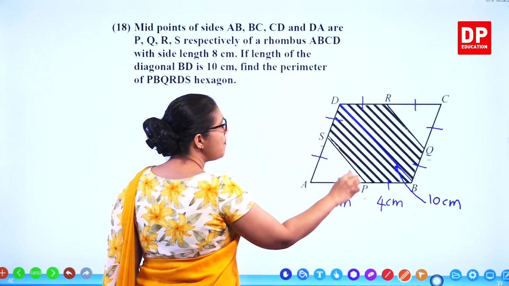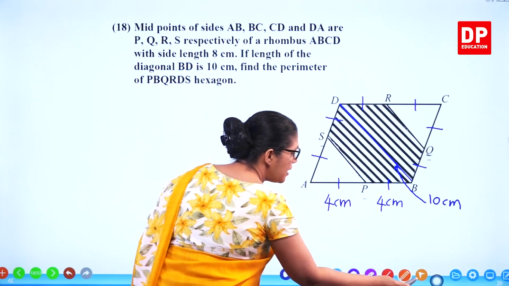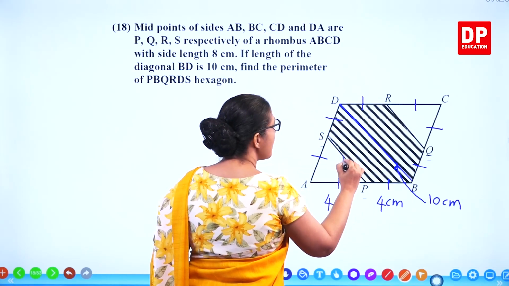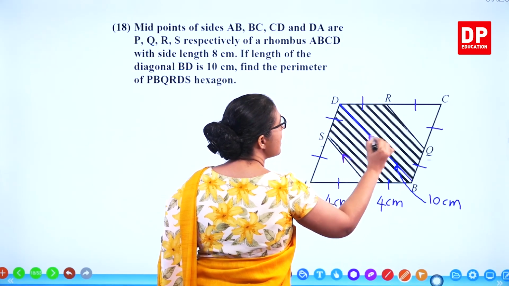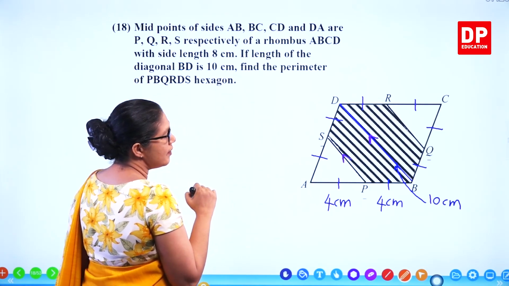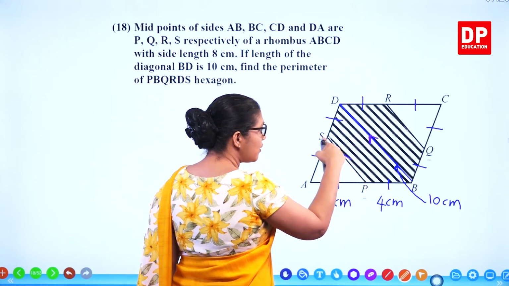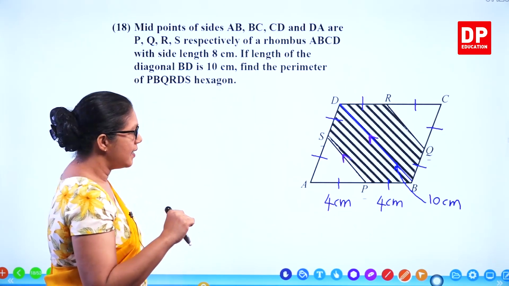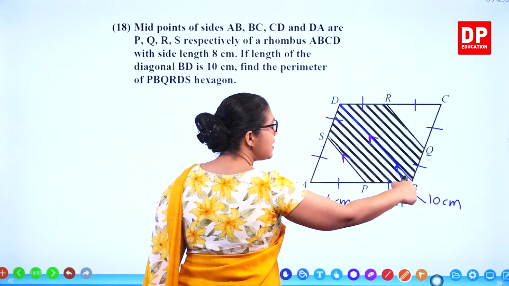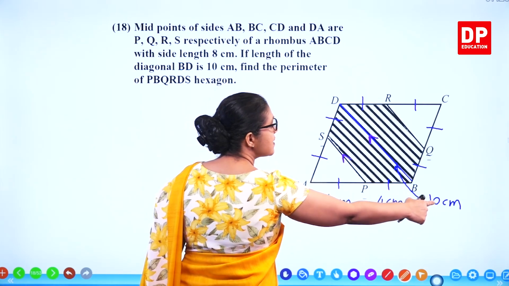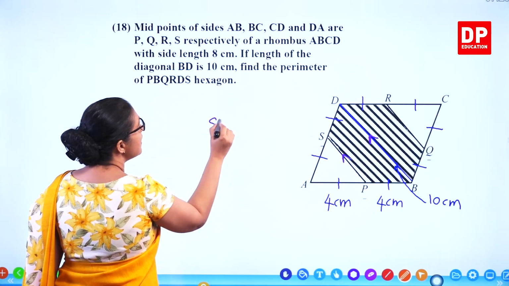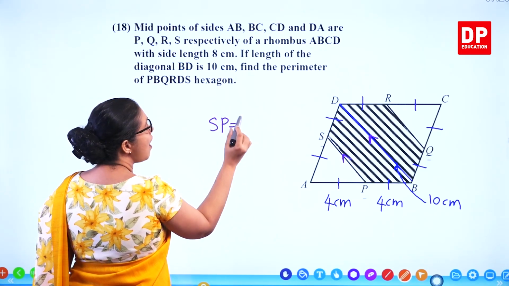Connecting midpoints means these two lines are parallel. So I can write this line is parallel to this one. So what's the length of SP? That's half of 10. If the diagonal BD is 10 centimeters, SP length becomes half of that.